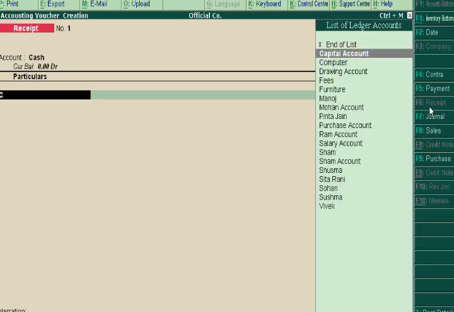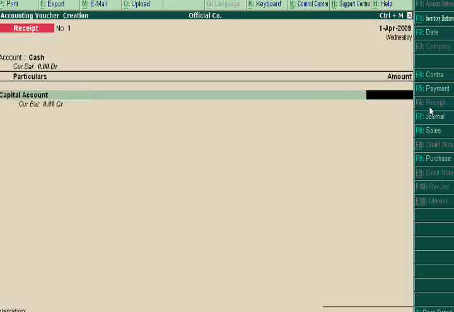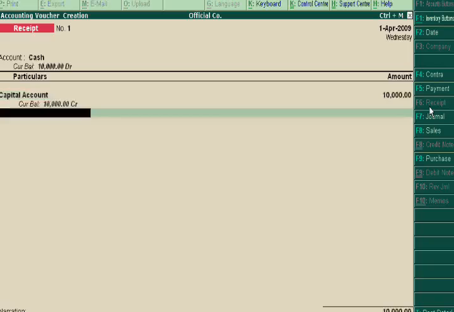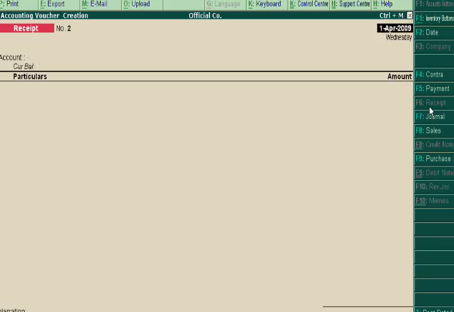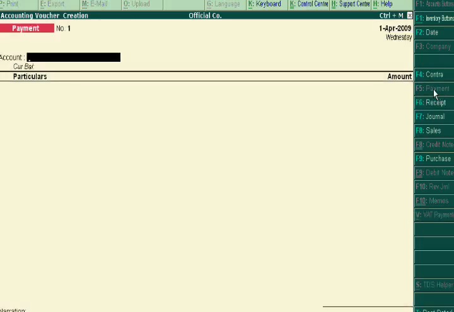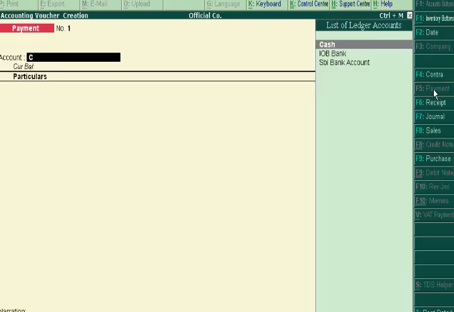We already made a capital account, so there's no need of creating ledger accounts of capital. Here 10,000 we received in the form of capital. Narrate it, means to explain some detail of it. Accept it.